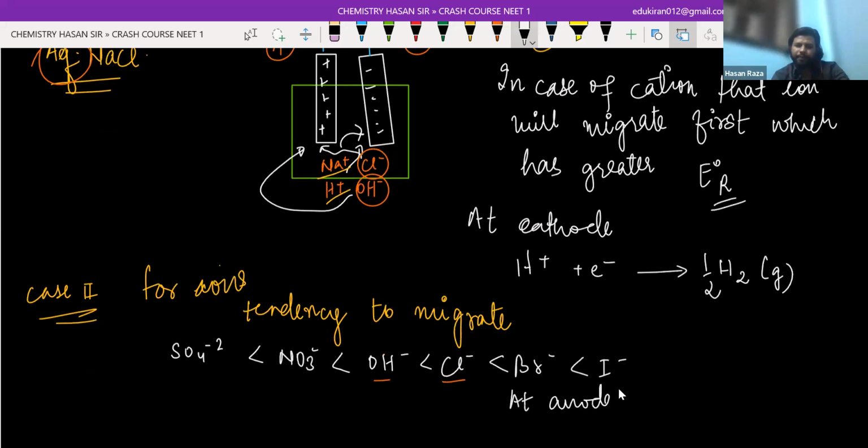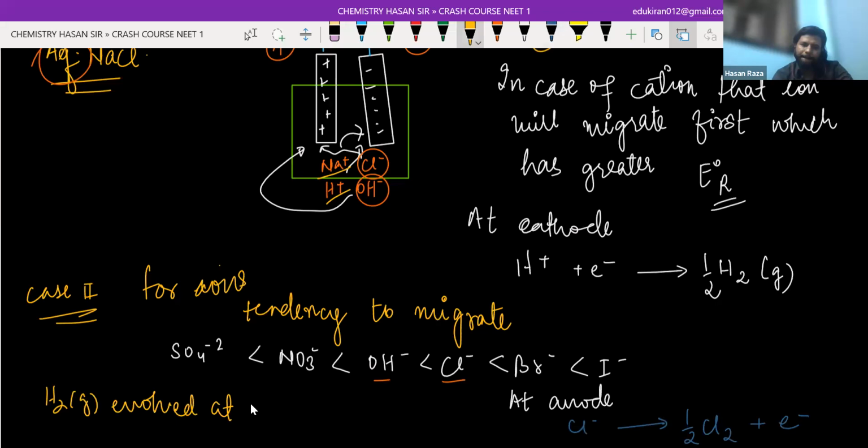So at anode, Cl minus will go and lose an electron and convert itself into half Cl2 gas. So the product of electrolysis will be hydrogen gas evolved at cathode and Cl2 gas evolved at anode.